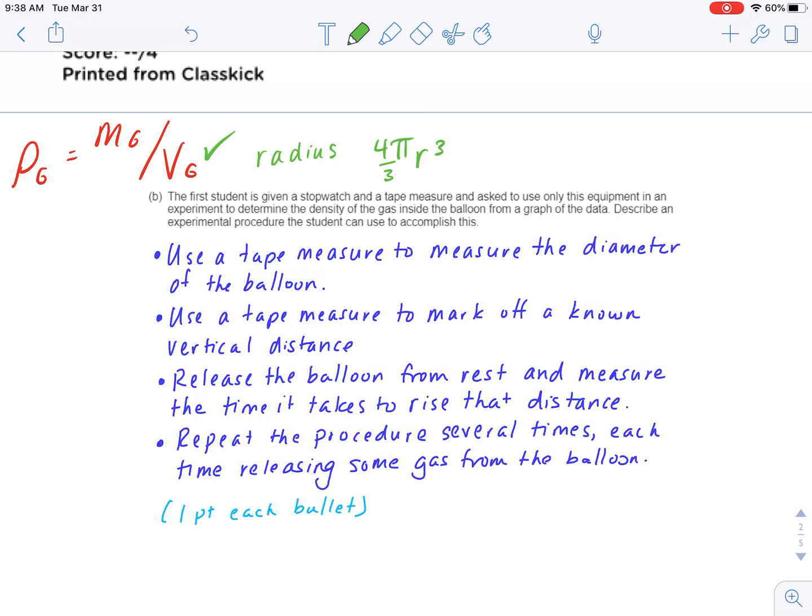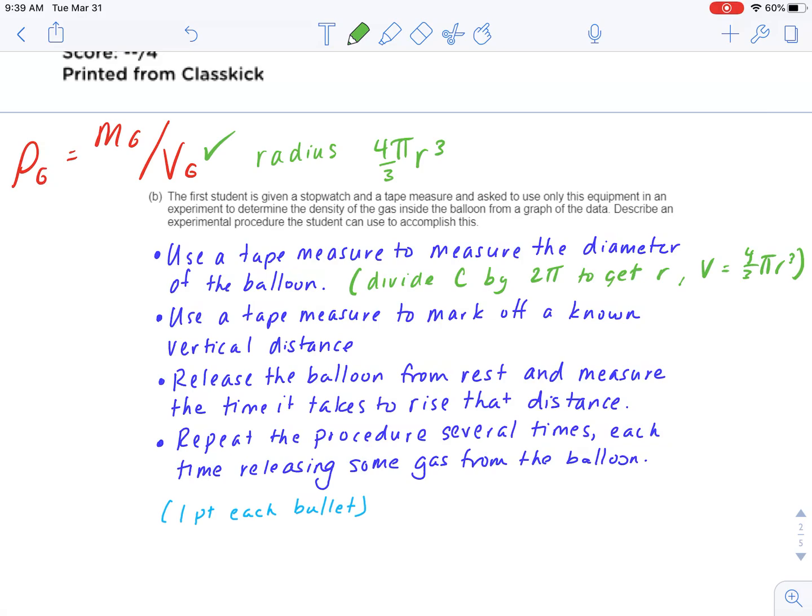So the easiest way I think to get the radius would be to use a tape measure to measure the diameter of the balloon. You could add here that you might divide circumference by 2 pi to get r, and then volume is going to be equal to 4/3 pi r cubed. You could add that, but that was not required in the answer key from the College Board.